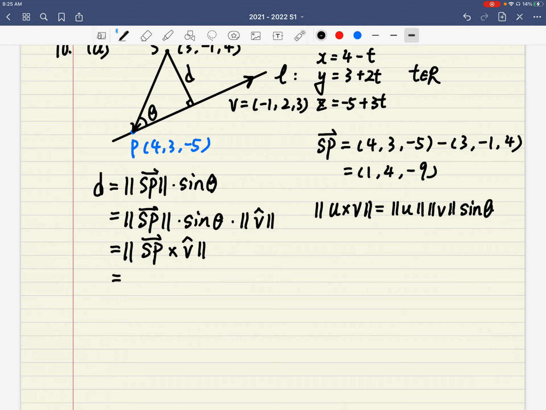So SP is (1, 4, -9), cross V hat. V hat is 1 over the square root of 1 plus 2 squared plus 3 squared, which is the square root of 14, times (-1, 2, 3).